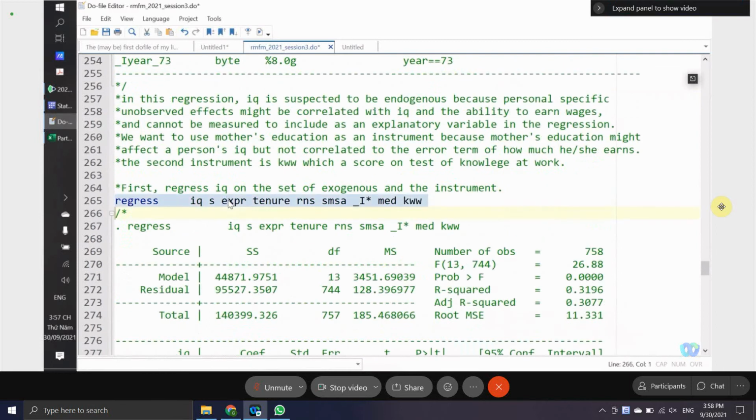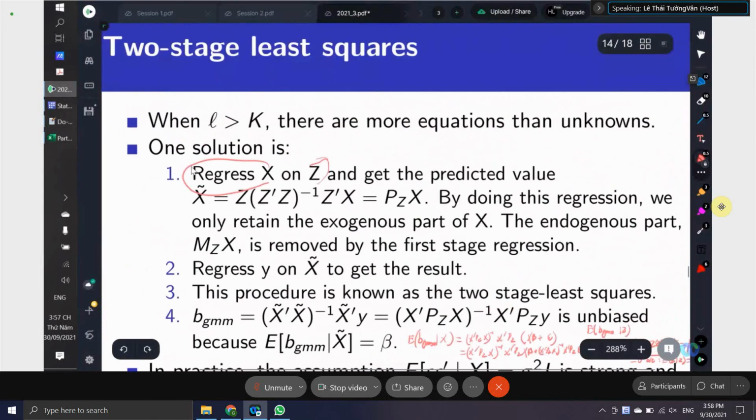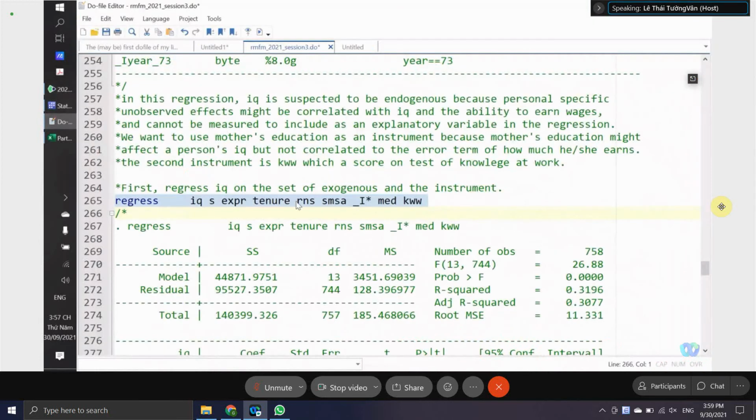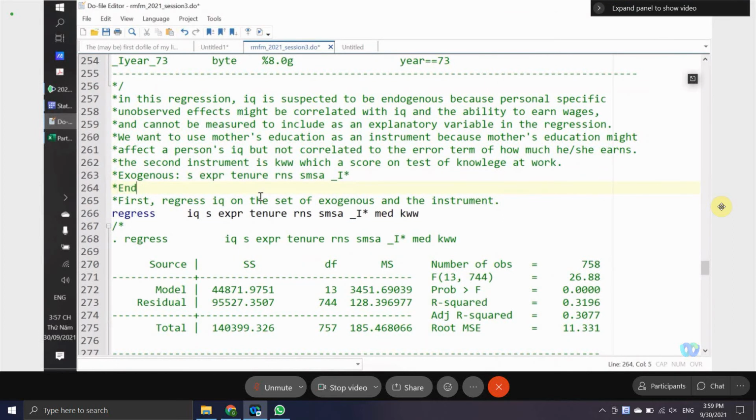Following the procedures here, the first step is to regress x on the z and get the predicted value. The IQ here is my x1. These other variables are assumed to be exogenous, and the endogenous variable is IQ.